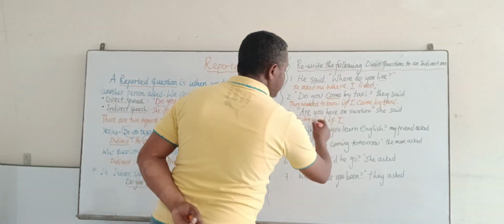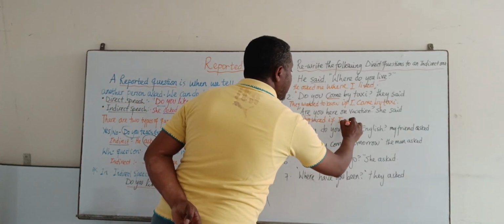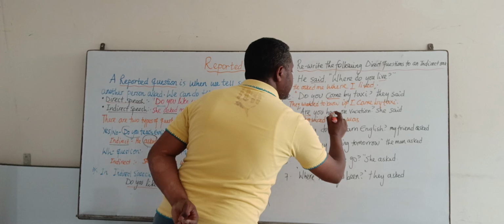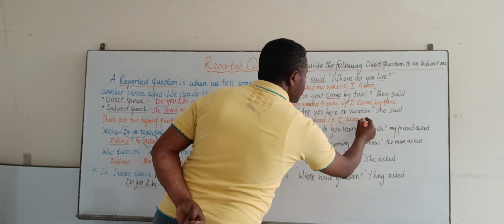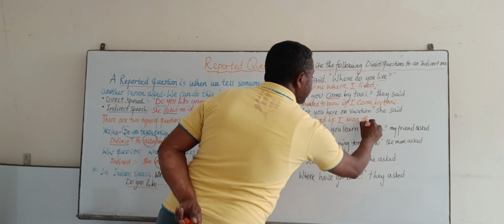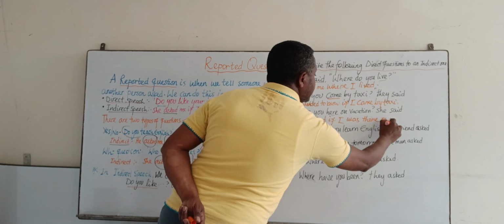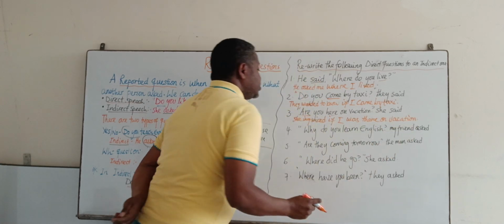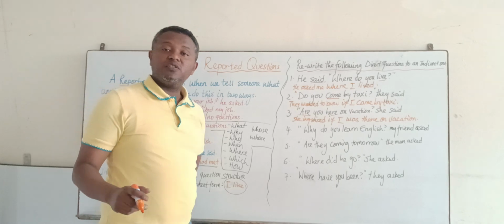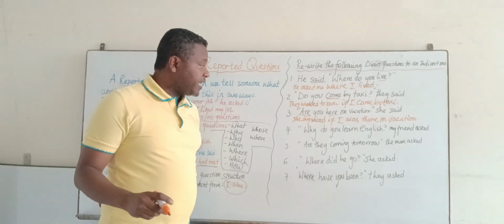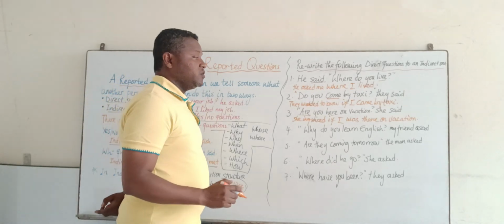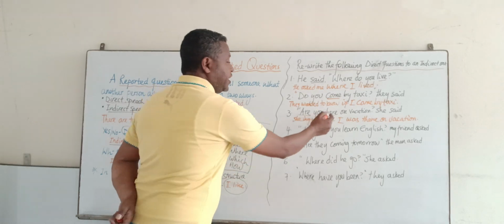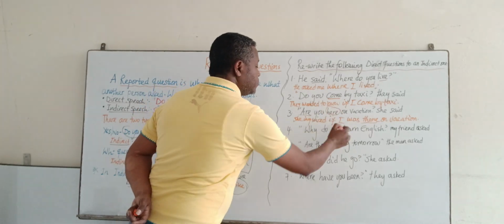So she inquired if I was here, will be changed into if I was there on vacation. Okay? She inquired if I was there on vacation. Here is changed into there.